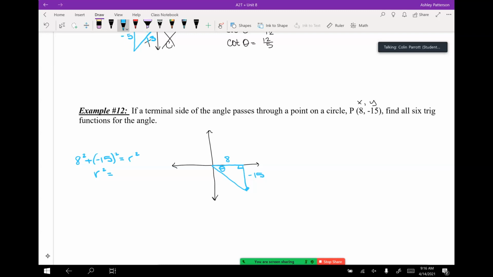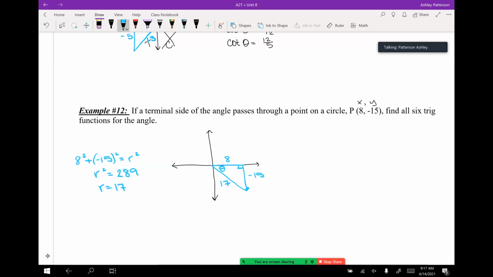Is r squared what? Okay, so it is 289, but if we take the square root of that, Shannon is correct. It should be 17. Now be careful, you guys, because the hypotenuse is representing distance. We would not have a plus and a minus option. Okay, it's only positive.